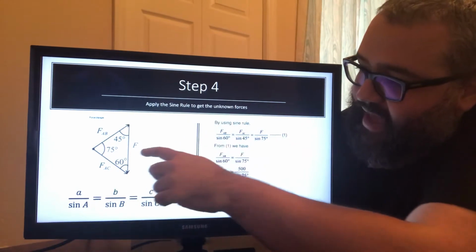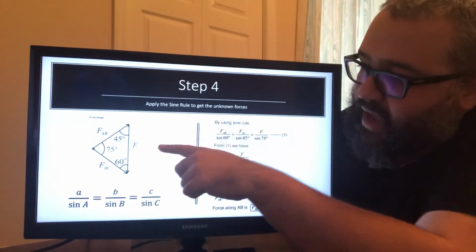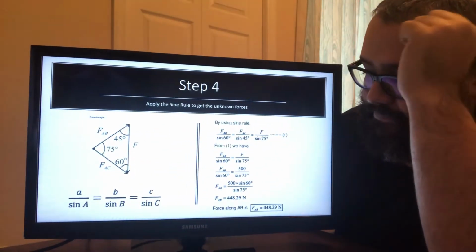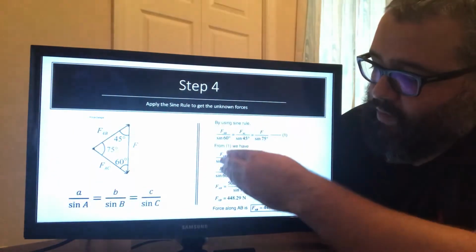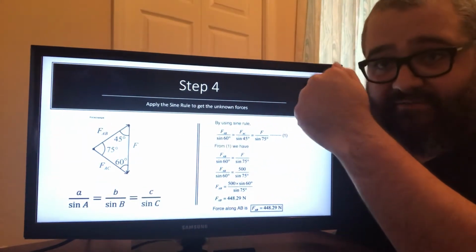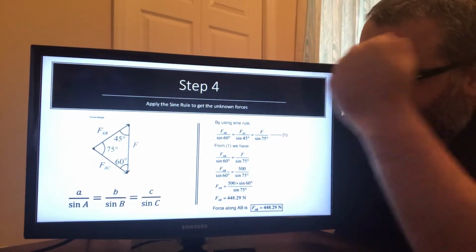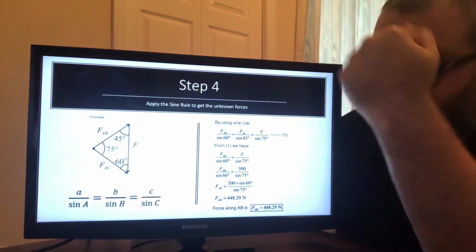We will have FAC with its front angle, which is 45, and we will have F with its front angle, which is 75. And utilizing what we know, we will have FAB divided by sine of 60 equal to F divided by sine of 75. And we already know that this F is 500 newtons.